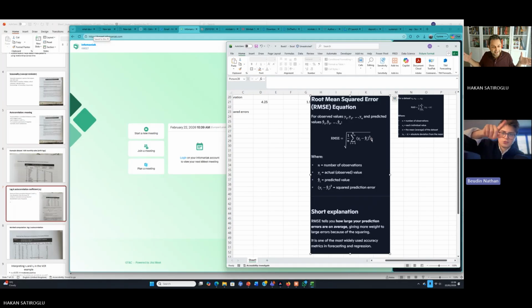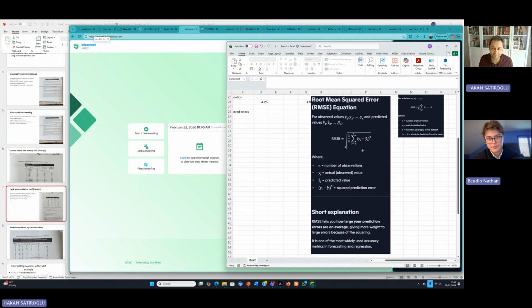That's why they need the root square, to reverse it. But this formulation is exaggerating the bigger differences. Even if you take the root square, it still keeps the exaggeration, because it takes the power first. That's the difference of that one.